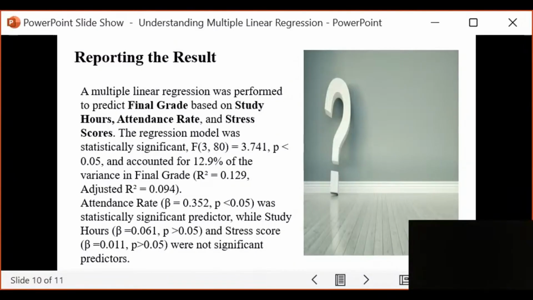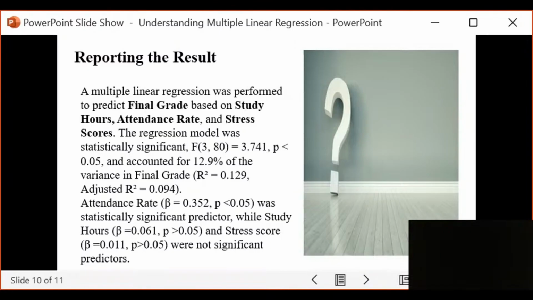So the model overall is statistically valid but modest in predictive power, meaning that while attendance matters, there are likely other factors beyond these three that also influence academic performance. This finding highlights the importance of promoting regular attendance as a key academic strategy.